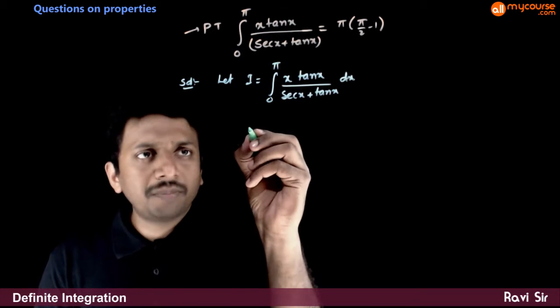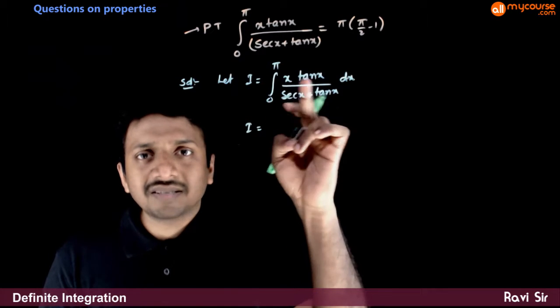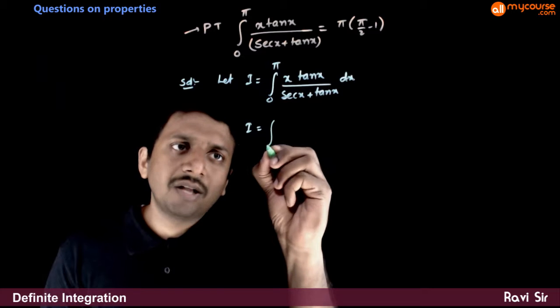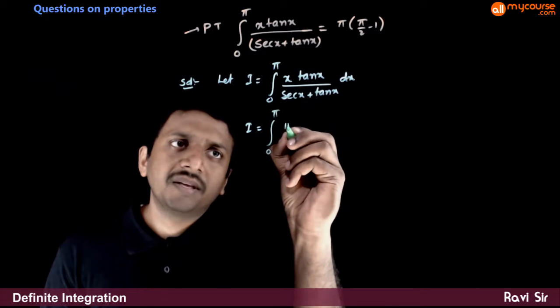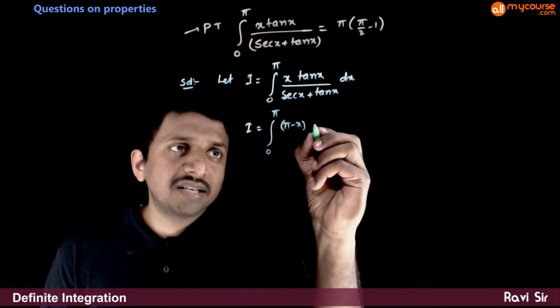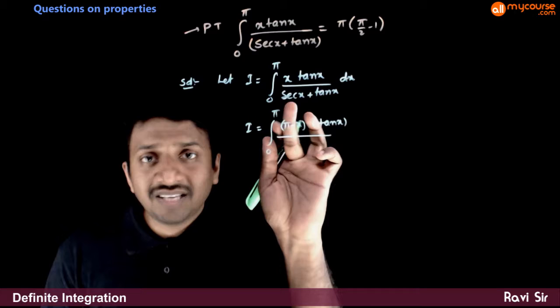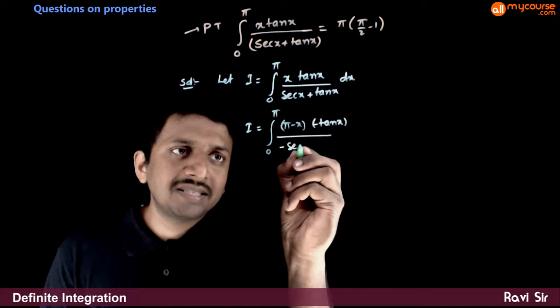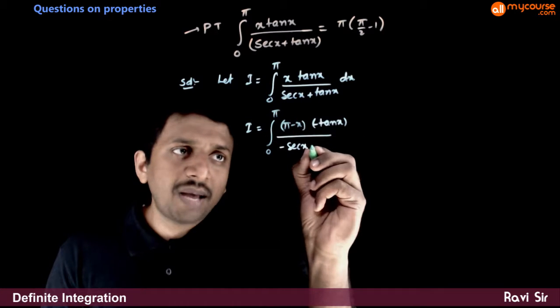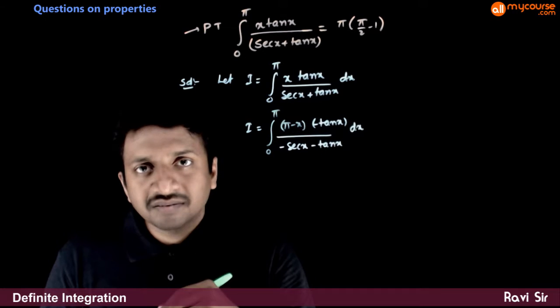Using the properties of integral, I can put pi minus x in the place of x. So I is also equal to the integral from 0 to pi of pi minus x into tan of pi minus x, which is minus tan x, divided by secant of pi minus x, which is minus secant x, plus tan of pi minus x, which is minus tan x, dx.